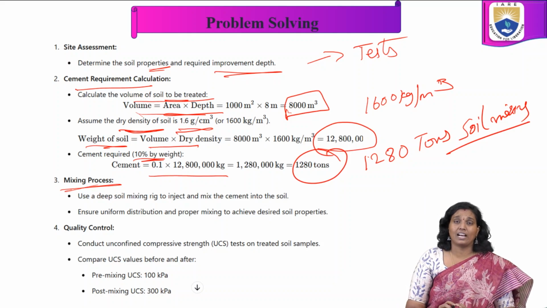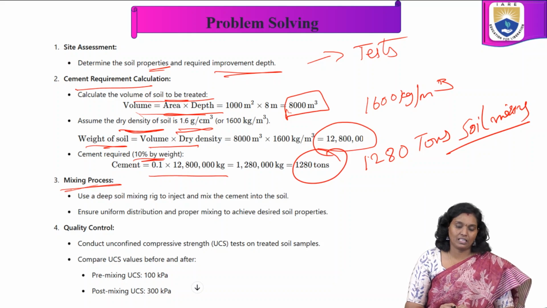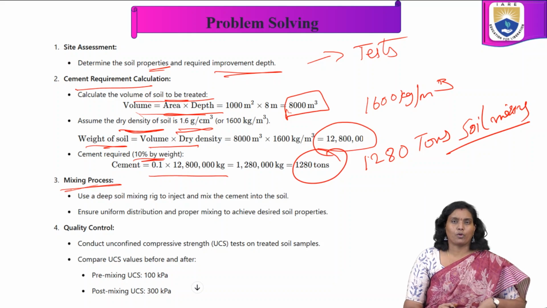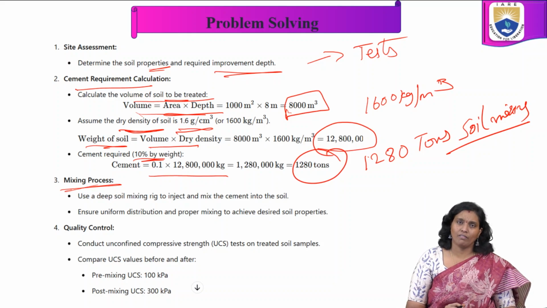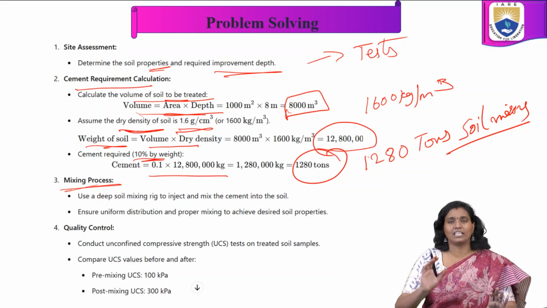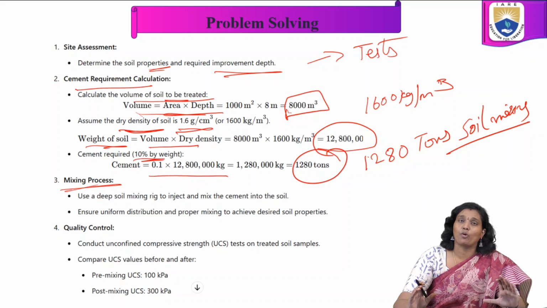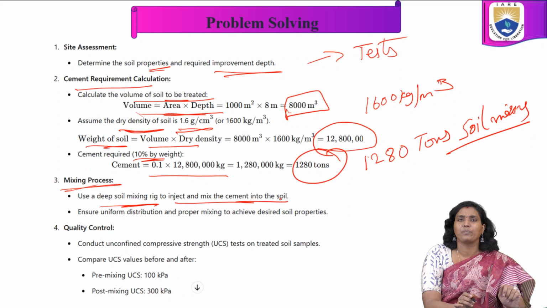Once we understand the quantity of cement required for mixing the soil to get the desired properties, now the process, how we are going to mix, we will go through. Once we know how much cement is required and the various properties involved, now for the mixing, use a deep soil mixing rig to inject and mix the cement into the soil.